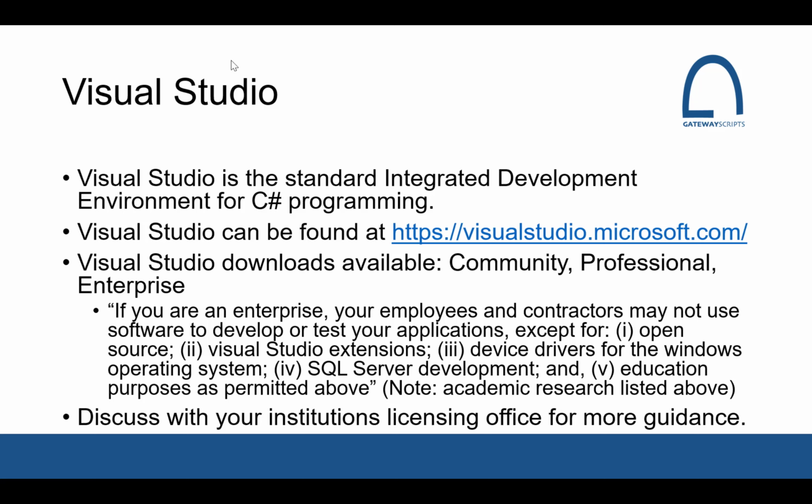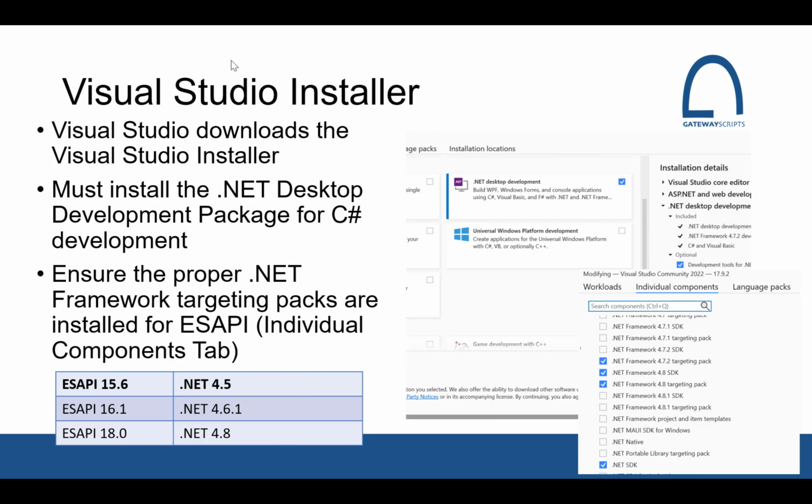Community Edition is available to those who intend to use the Visual Studio integrated development environment for open source development, education purposes, including academic research. Be sure to discuss with your institution's licensing office prior to installing Visual Studio on any computers that belong to them. When installing Visual Studio, the Visual Studio installer is the first to open.